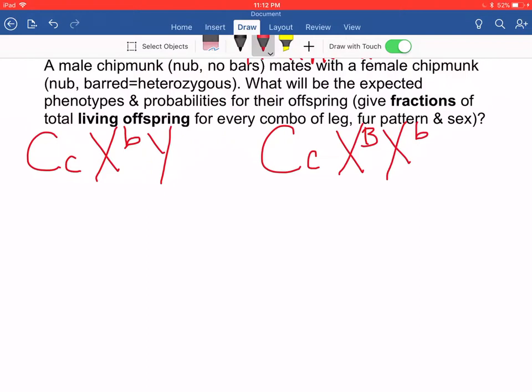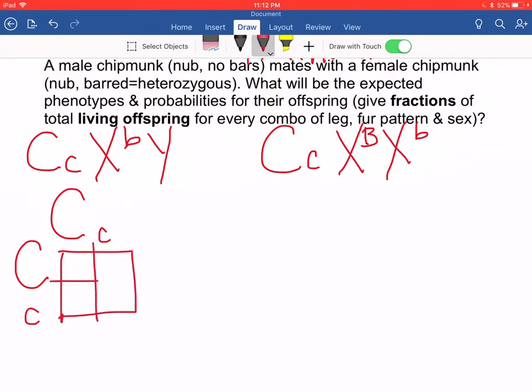So let's first take a look at the nub versus no nub condition and what the probabilities are that we could get from there. And we've done this Punnett square before, so this should not look new to you. We can make our Punnett square and we can figure out what our probabilities of our different phenotypes and genotypes are. Now in this condition, if you remember, the big C combination was a lethal combination.